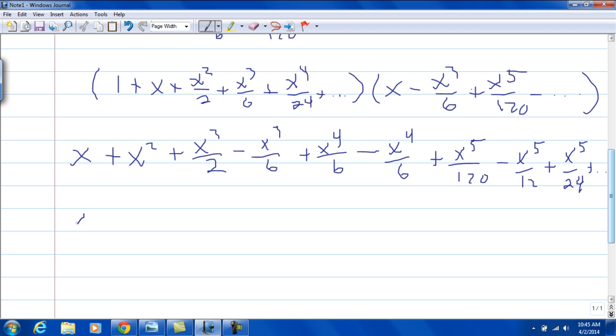So if we simplify this, we have x plus x squared plus, and the common denominator for x cubed over 2 minus x cubed over 6 is 6. So it's 3x cubed over 6 minus x cubed over 6, plus, and the x to the fourths are just going to go away.